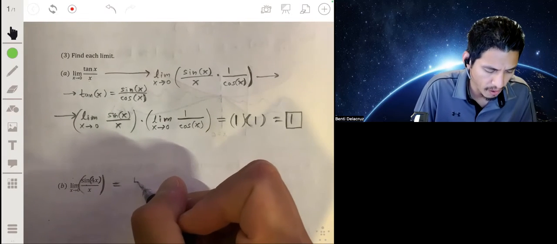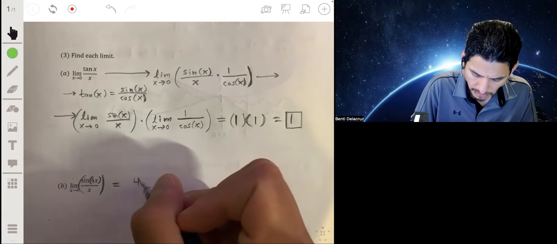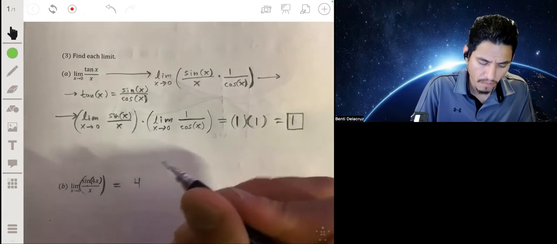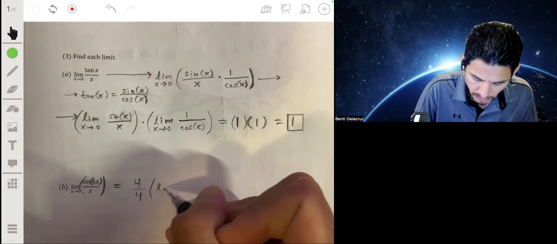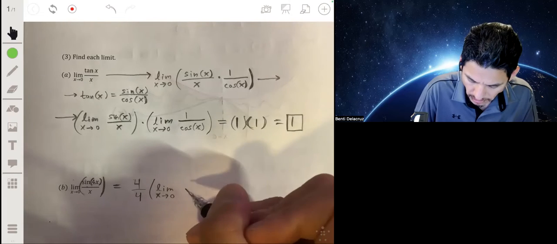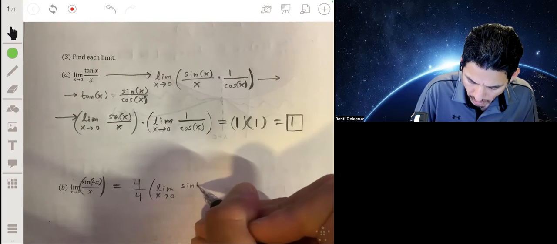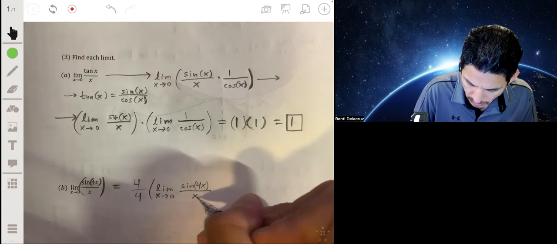So we'll have 4 over 4 times the limit as x approaches 0 of the sine of 4x over x.